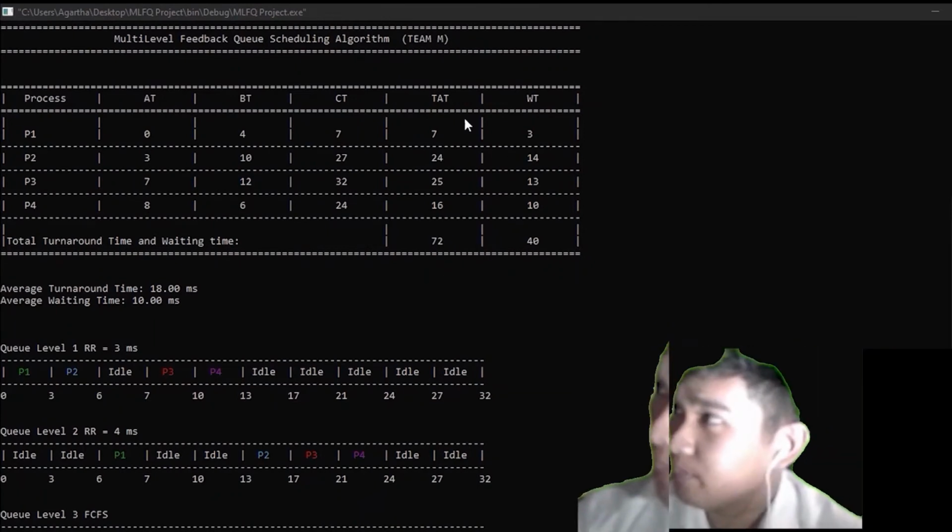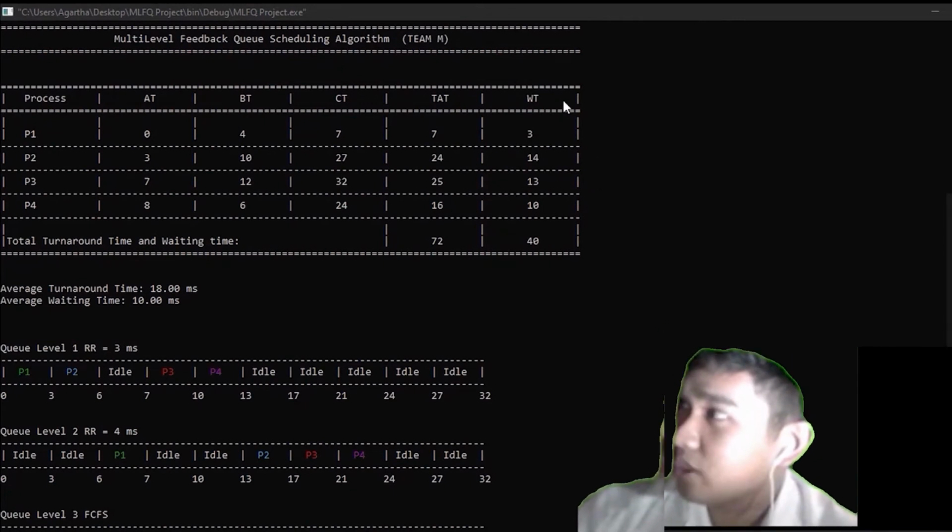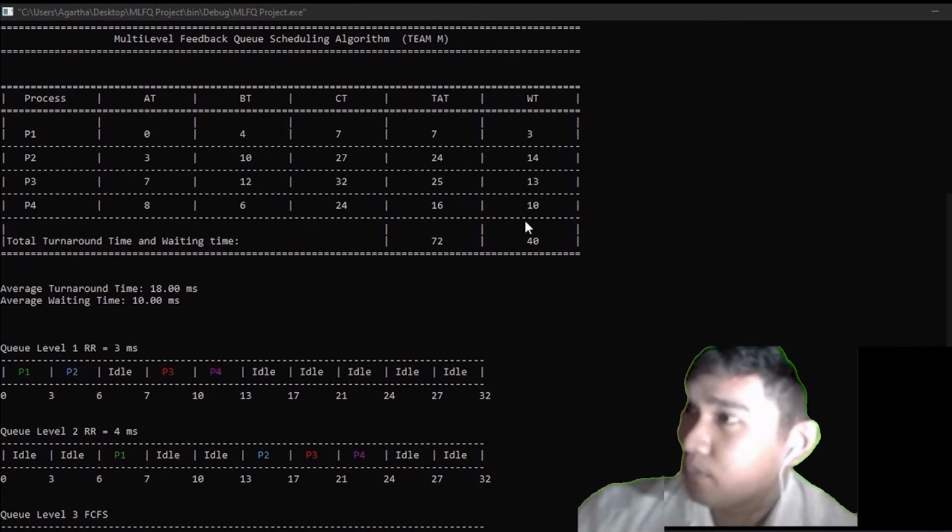For the waiting time, turnaround time minus the burst time of the process. So 7 minus 4 is 3, 24 minus 10 is 14, 25 minus 12 is 13, then 16 minus 6 is 10. Then the summation of waiting time is 40.